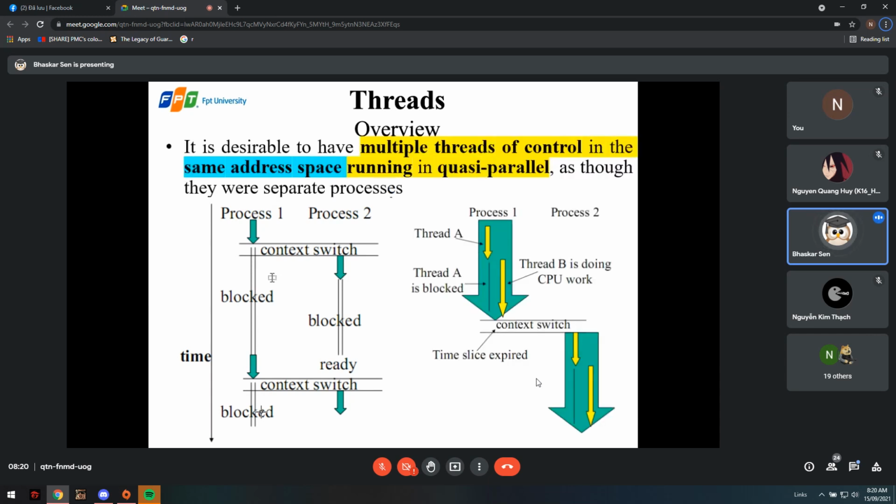This on the right-hand side is inside those processes, if they're multi-threaded, how the multiple threads are taking their turns to run. Thread A and thread B. So these two are also getting context switched, but there's a little bit of difference.